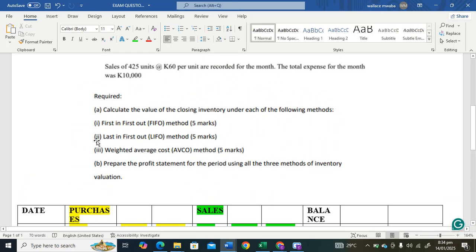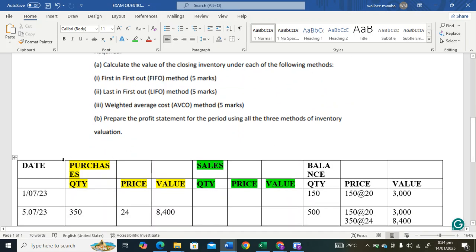Part 2, using last in, first out. So this is like the opposite of first in, first out.